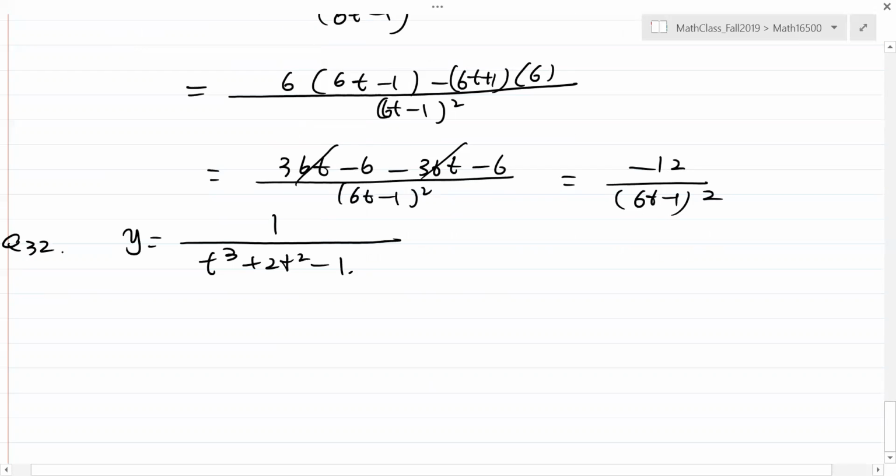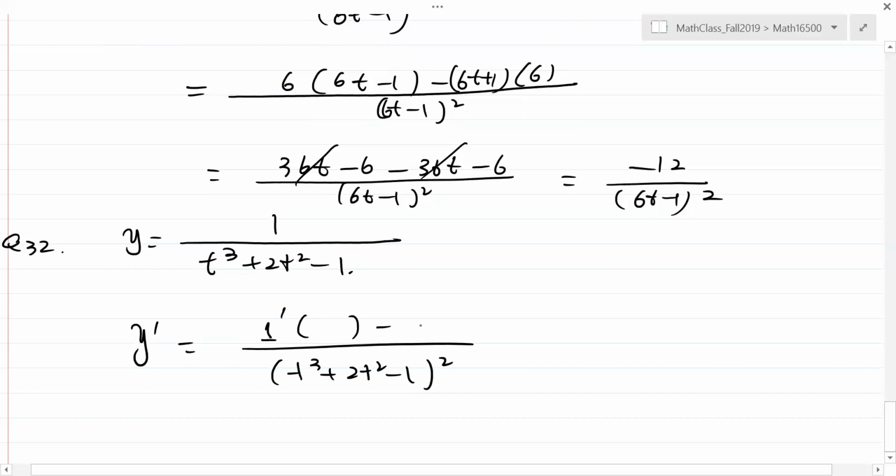Okay, find the derivative of this function. Well, just apply the quotient rule again. Okay, apply the quotient rule. This will be the denominator squared, and then the derivative of the numerator is already 0, so we don't need to worry about this. And then 1 times the derivative of this term.